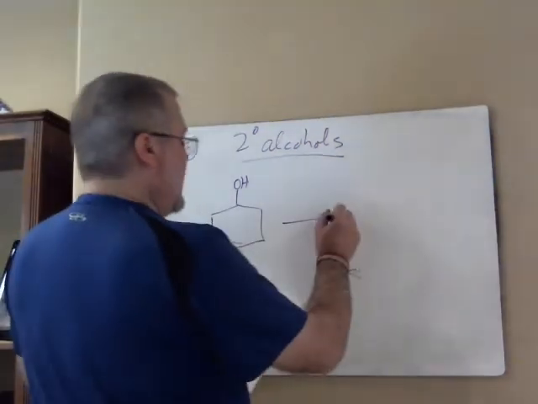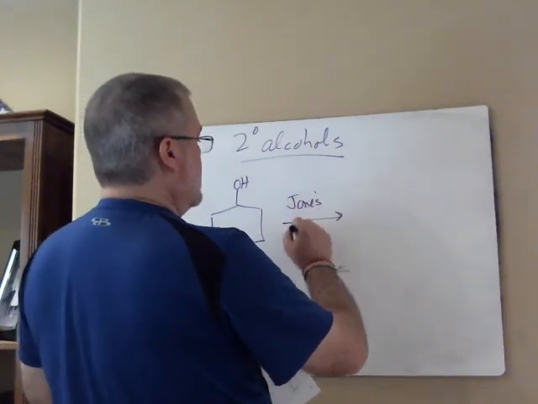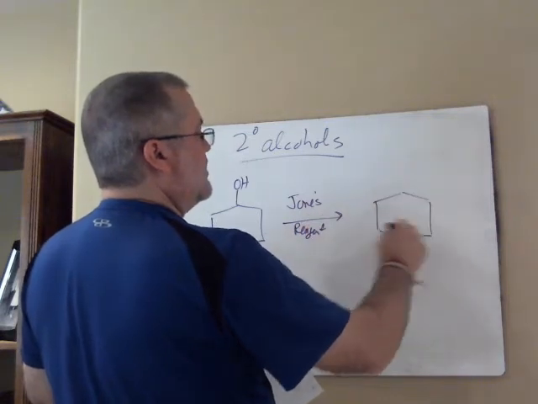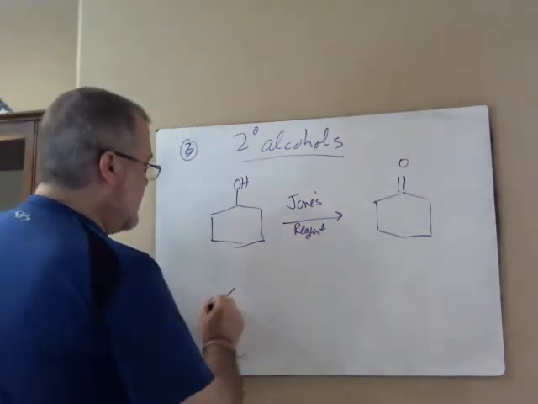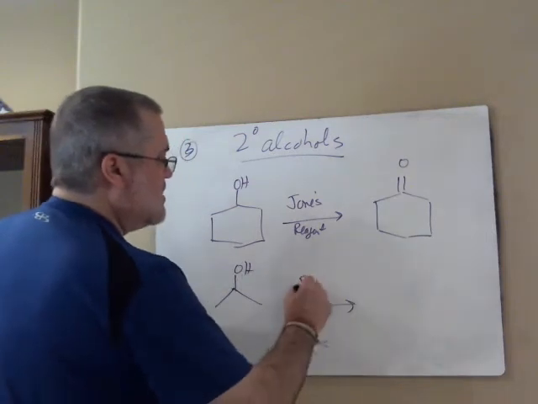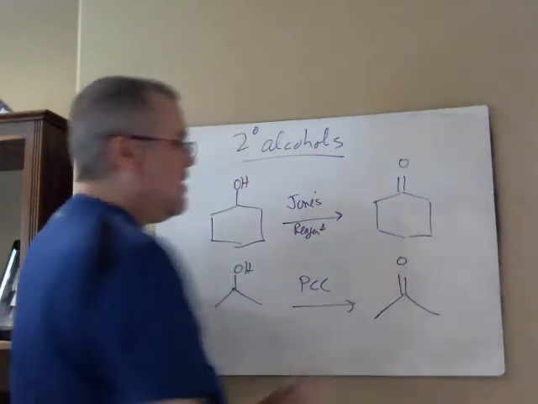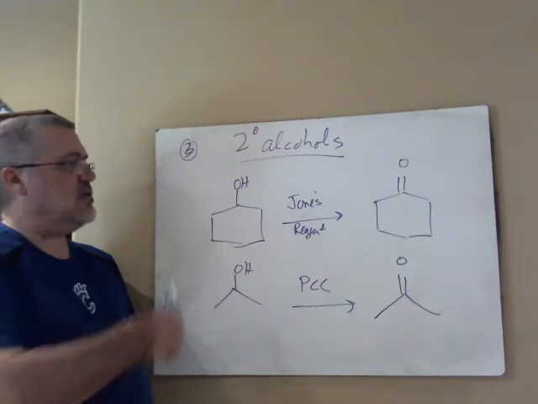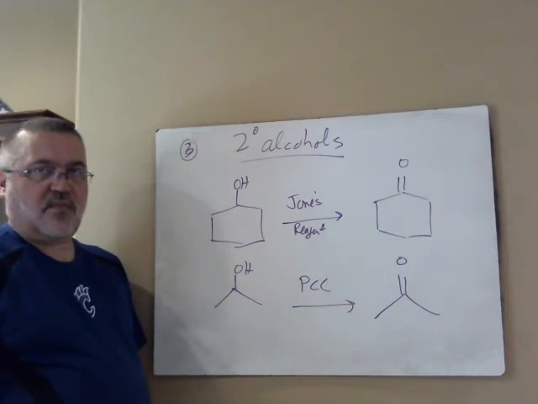And so it doesn't matter whether you use Jones's reagent, because it will oxidize all the way up to the ketone. But you also, if you have a secondary alcohol, you can use PCC, and that will oxidize to the ketone.